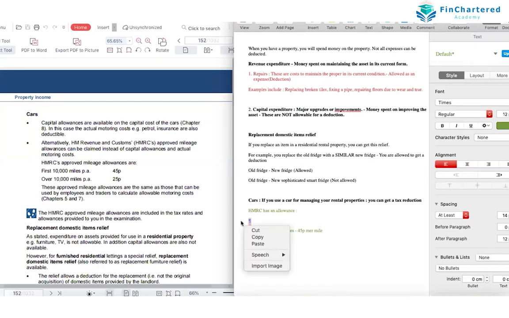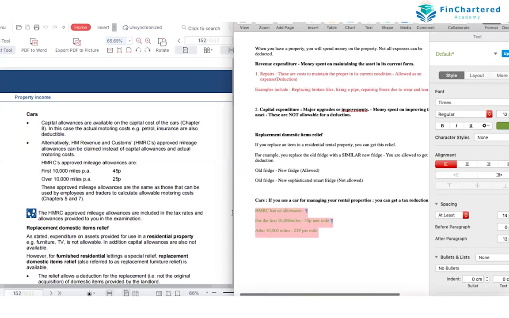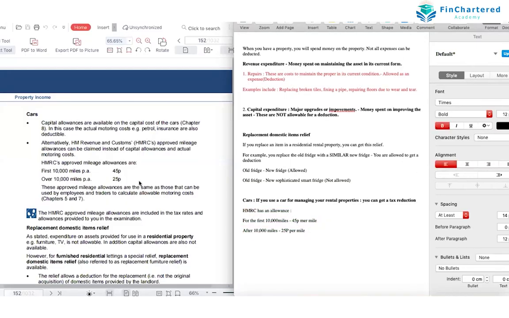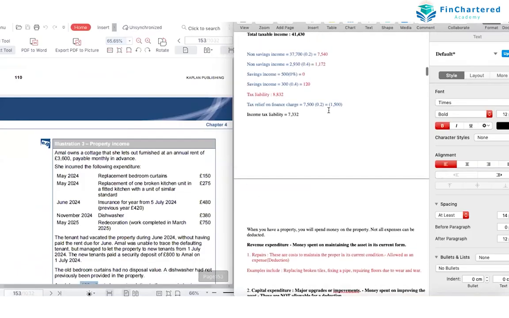You get like a deduction. After 10,000 miles, you get an allowance of 25 pence per mile. Again, we will look at this in more detail in later chapters, but this is what it is. Okay. So I hope this is clear. And now we can look at an example from the text. And we're looking at illustration 3.